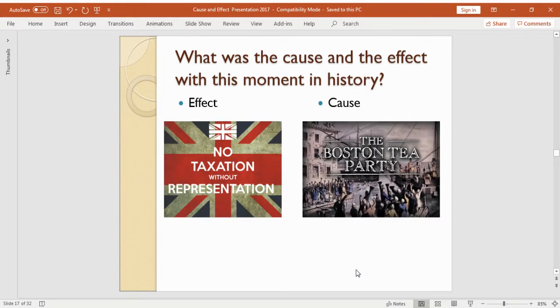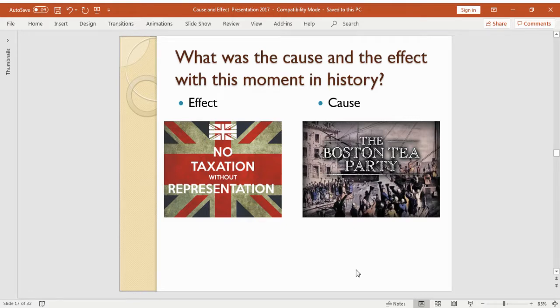Let's go to a moment in history which we talked about in our last unit. I see 2 pictures. I see no taxation without representation, and I see the Boston Tea Party. Now, this time, I am going to ask, what is the cause and what is the effect?